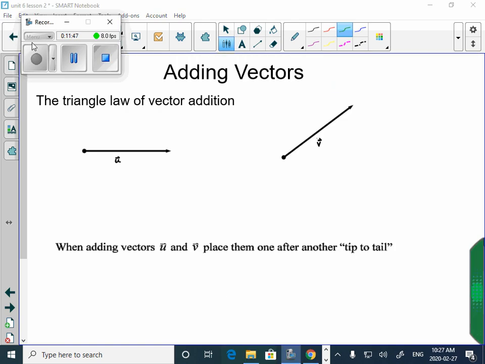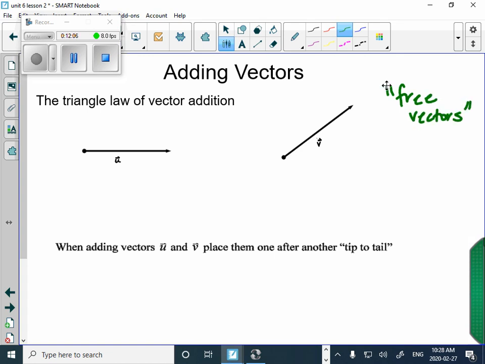We're going to talk today also about adding vectors. If I have vector u and vector v and I want to add them together, these are geometric vectors. I have drawn them freely on the page, so they're free vectors. I can move them all I want.